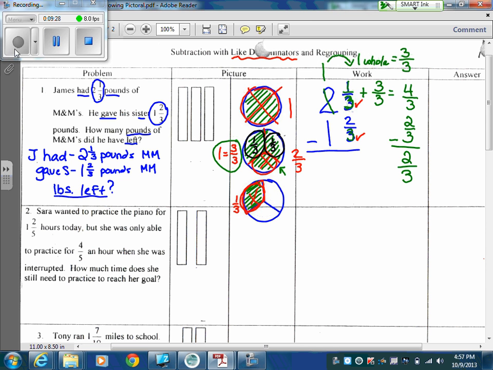But don't forget to go back over and look at these whole numbers. I have a 1 minus 1. Well, 1 minus 1 is 0, but I'm not going to write 0 and 2/3. My answer would be 2/3, and remember this is our pizza example, I have 2/3 left of the pizza to eat.